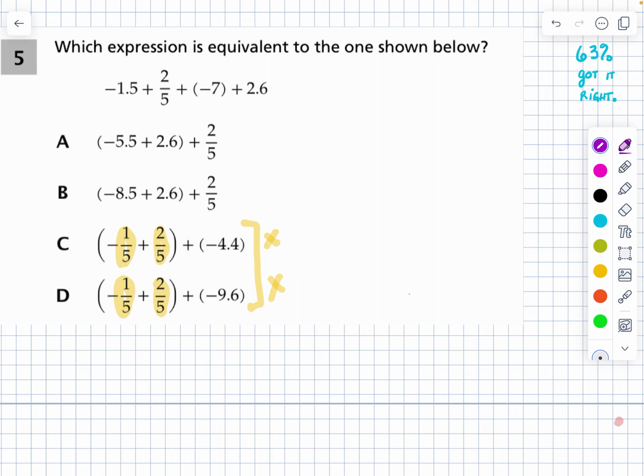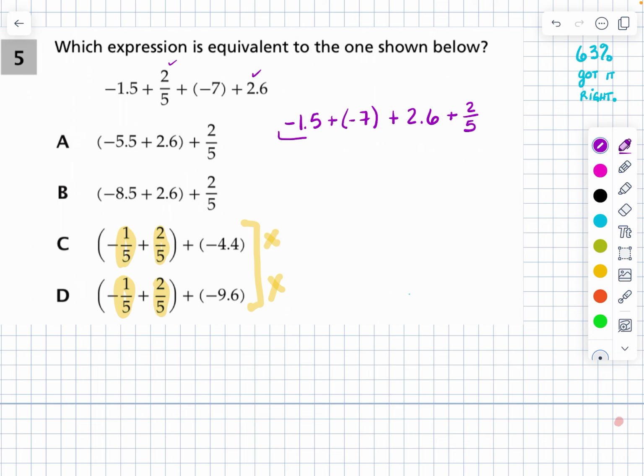All right, I'm going to erase all this so we don't get lost, and let's start working this out. Since these two didn't seem to change, I'm going to rewrite this question with a -1.5 plus the -7 plus the 2.6 and then plus the 2/5.